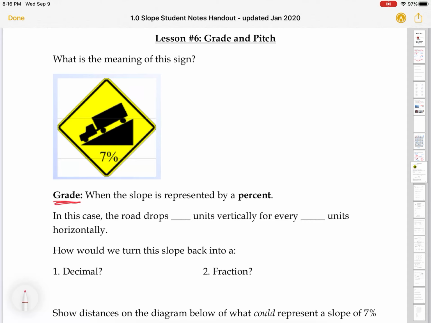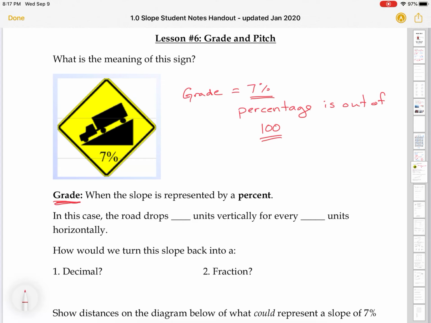So what this means is that the grade is 7%. And what that means is that, remember, percentage is always out of 100. Right?